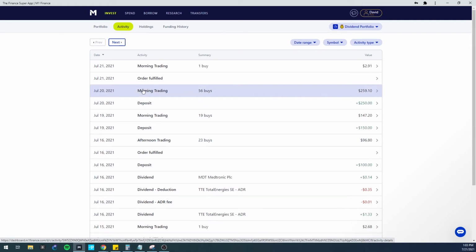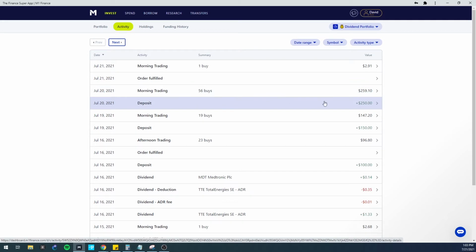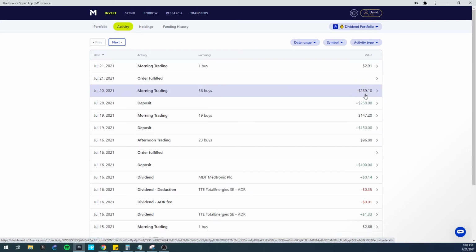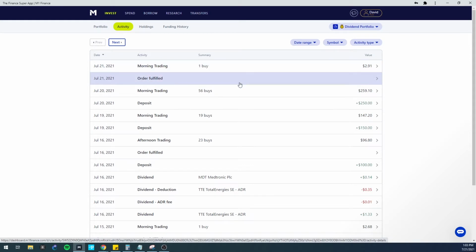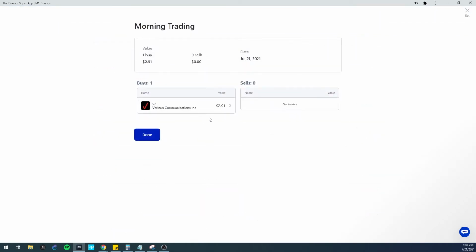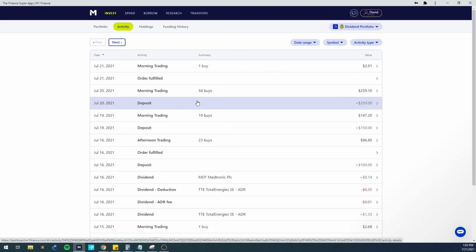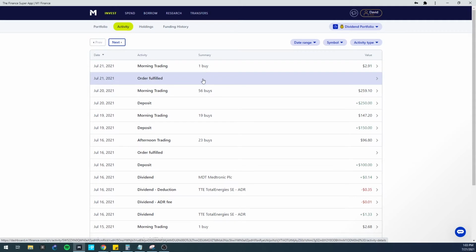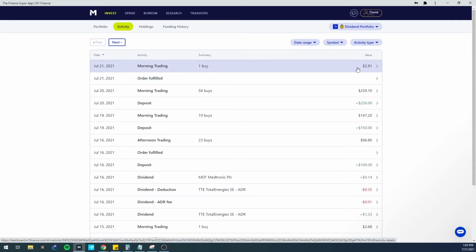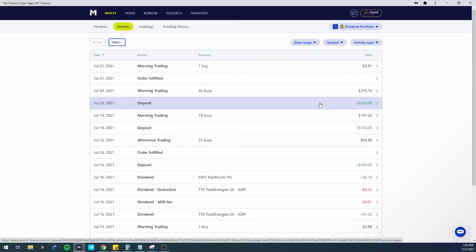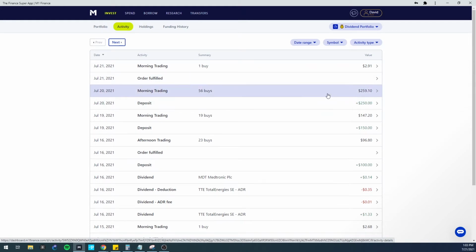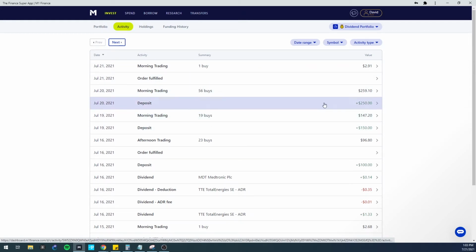Yesterday morning, it went ahead and spent $259.10, and so I had an additional $2.91. Anyways, the 250, like these bigger numbers, are automatic investments.